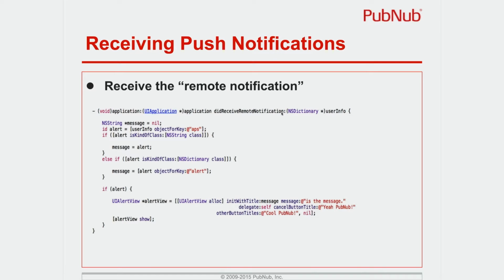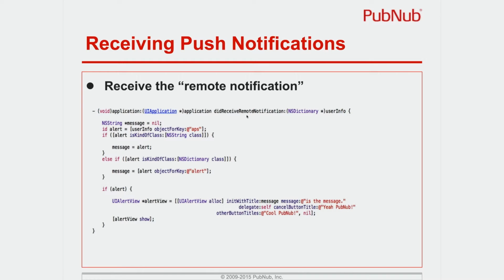Okay, and there are constraints and documentation on how APNS delivers that on the Apple developer site, but at minimum, you're going to want to implement the didReceiveRemoteNotification, and that's passed a dictionary. As you can see here, we're just grabbing some of that data out of the remote notification and then continuing on.